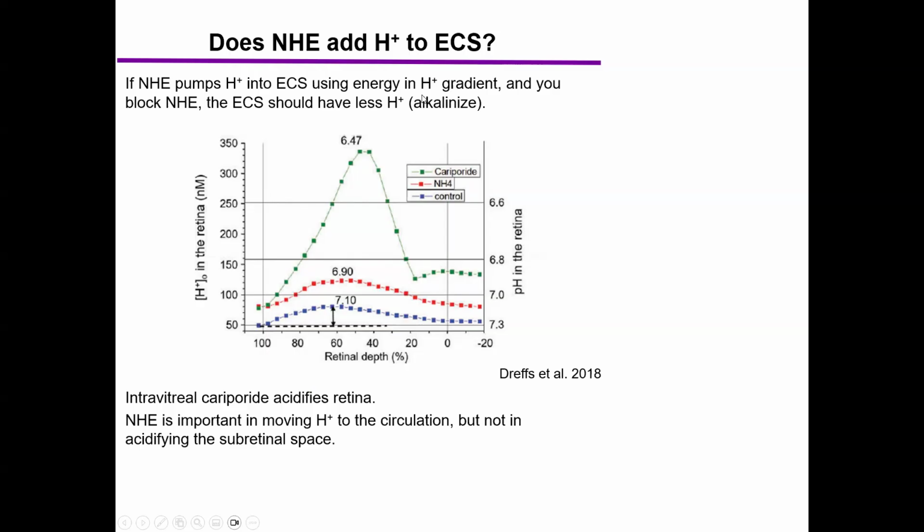And if you block that exchanger, then you would expect the extracellular space to alkalinize because less hydrogen ion is being pumped into the extracellular space. But using the rather specific blocker cariporide, which we gave intravitreally in rats, you dramatically increase the hydrogen ion concentration in the extracellular space.